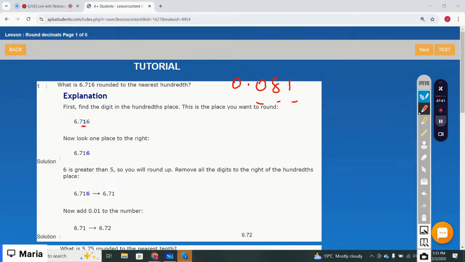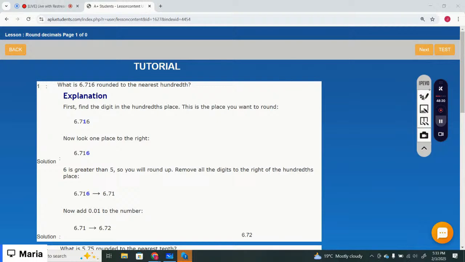Nearest hundredth. 1 is at the hundredth place. On the right, you have 6. 6 is greater than 5, so it would be rounded up to 6.72. Let's just start with the test questions.